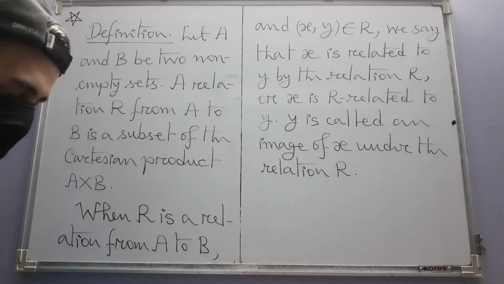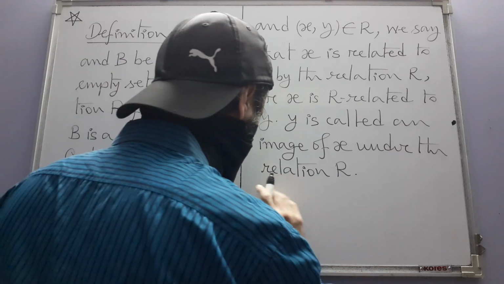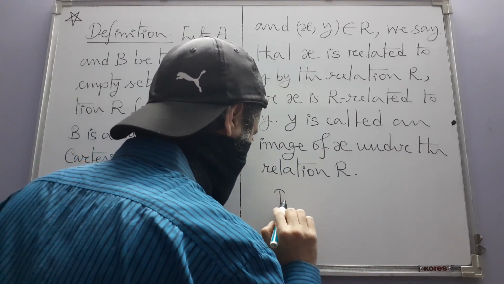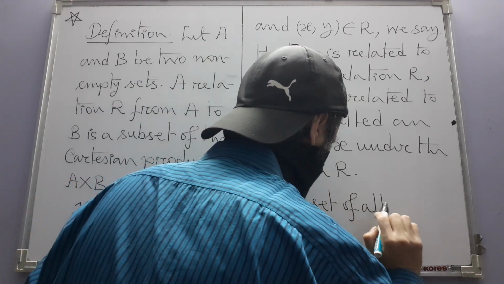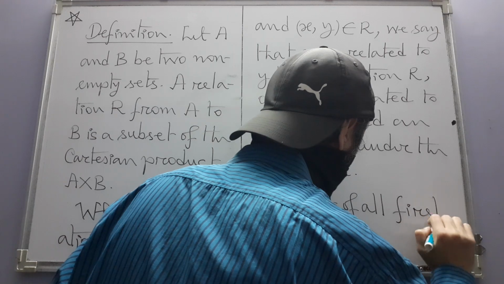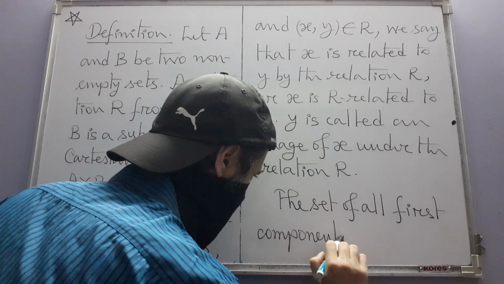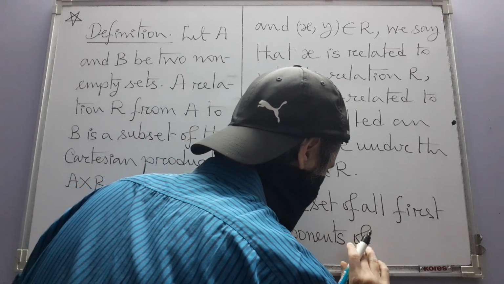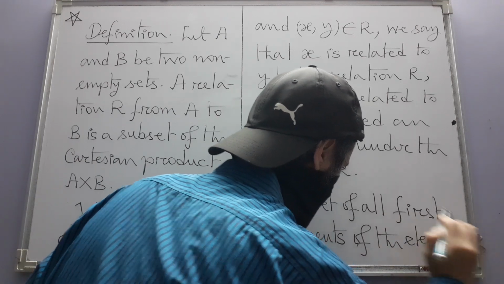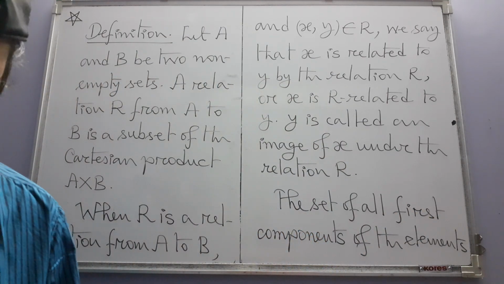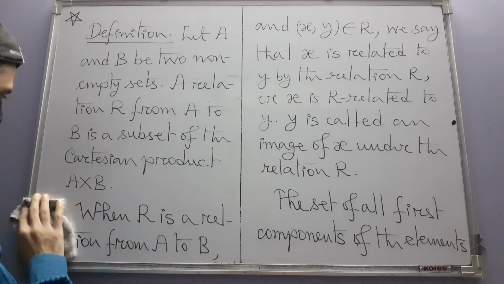Now next, some other things associated with a relation come. The set of all first components of the elements in R. Okay, so this much we have already understood.